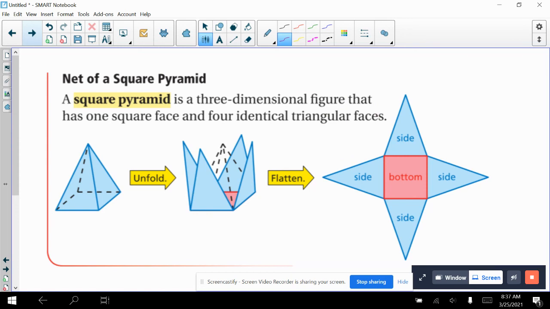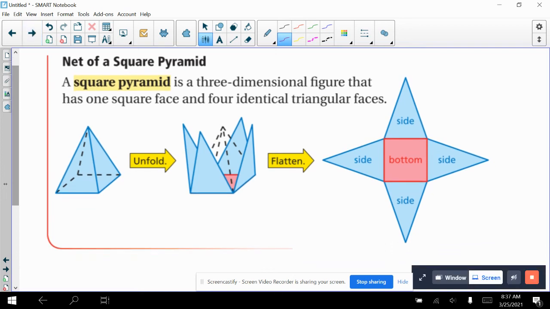And now we have something called a square pyramid. Why do you think it's called a square pyramid? Jason? Okay, the base tells you what it is. This is a square pyramid.